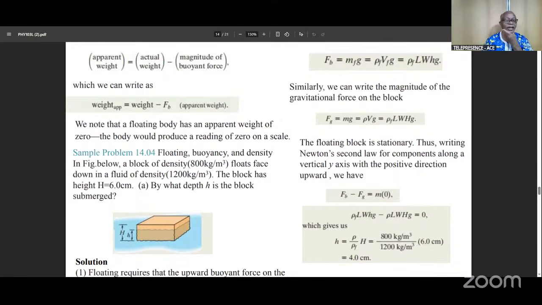So we want to look at floating, buoyancy and density. As you can see in the figure below, the height of the block is capital H, but the small h is the height by which it is inside the fluid.